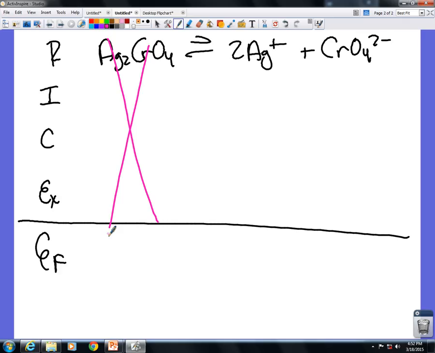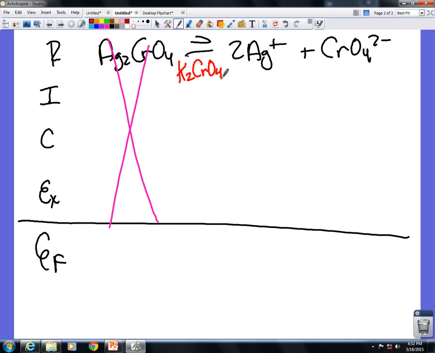When we mix this with water, do we have any of these other ions floating around? No. But what are we mixing it with this time? We're actually mixing it with K2CrO4.